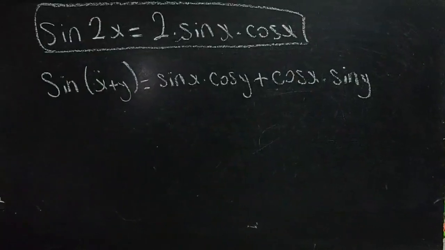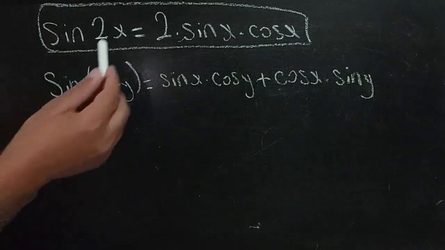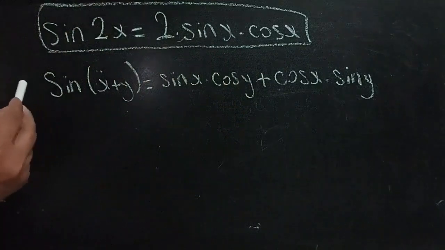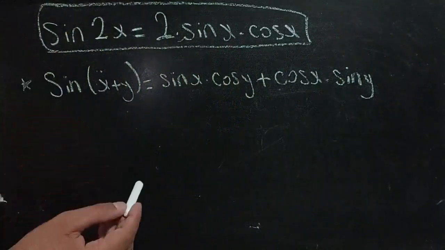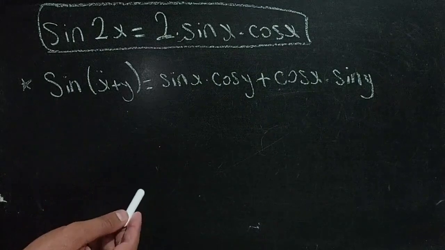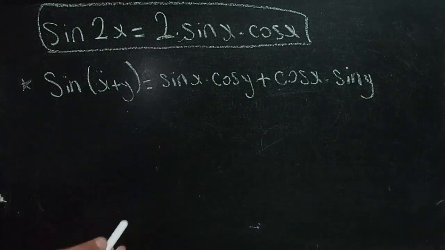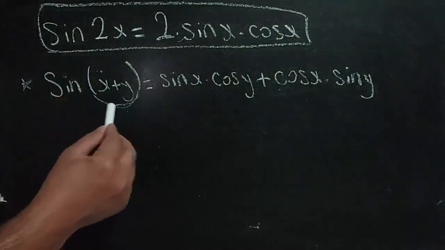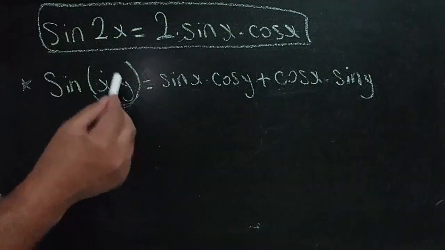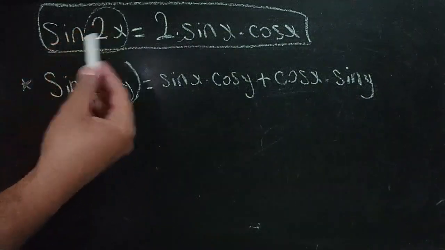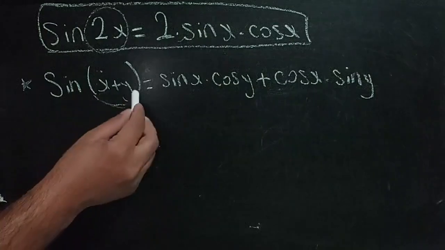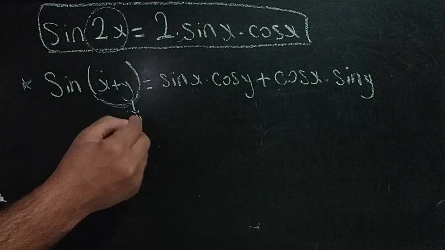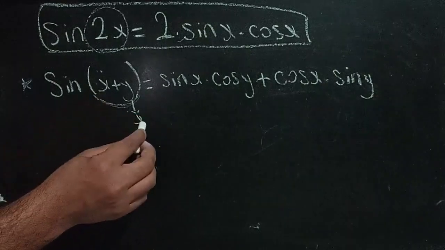So to prove sinus 2x equals to 2 times sinus x times cos x, I'm going to use this formula, this identity. Remember, from compound angle identities. Right now, you should think about this inside. There it is x plus y, there 2x. So now I'm thinking, how can I get 2x from there? If I write x instead of y, this will be x plus x, which is 2x.